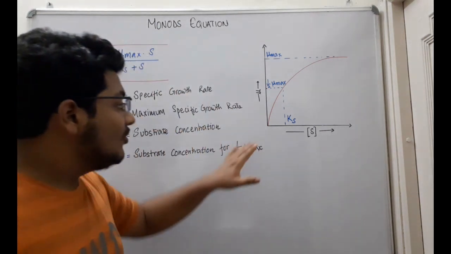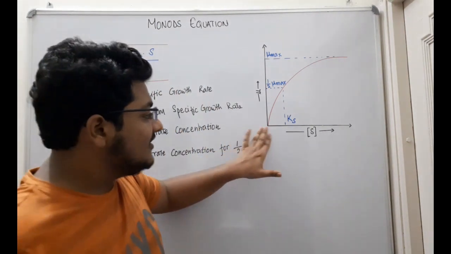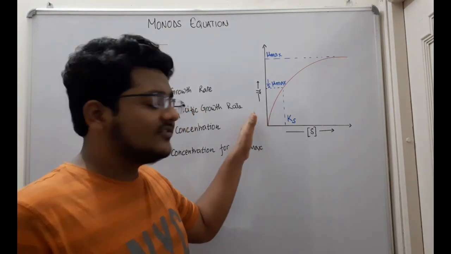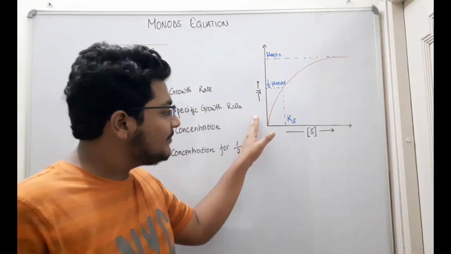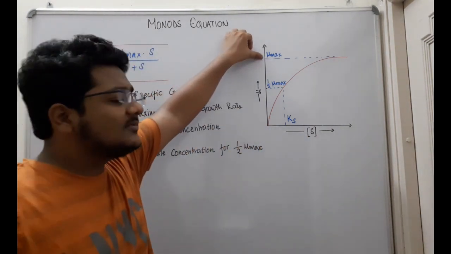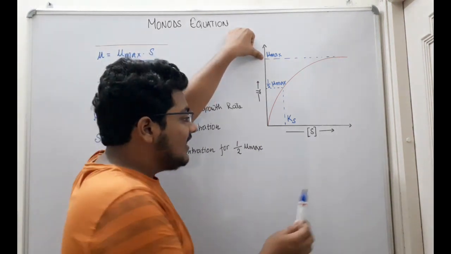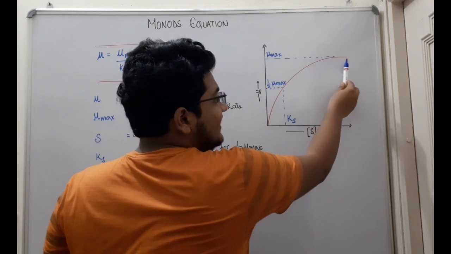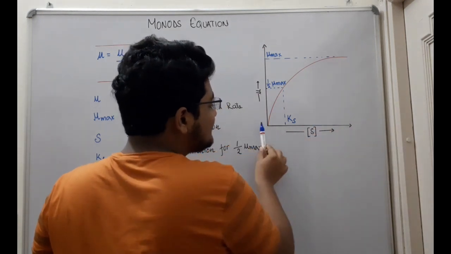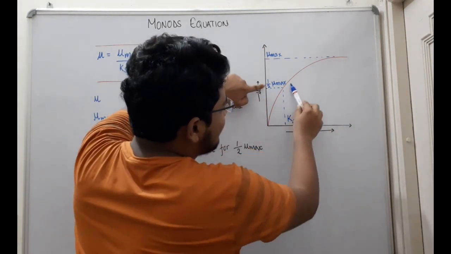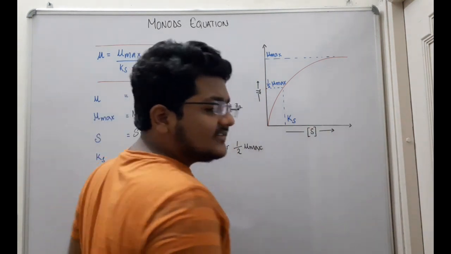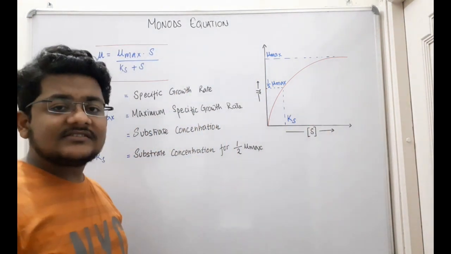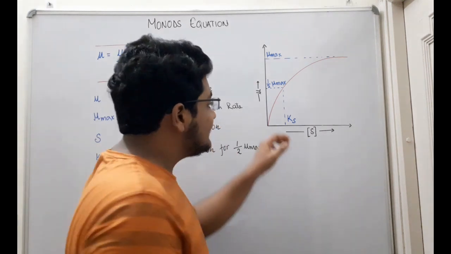Here we have a graph. On the x-axis we have substrate concentration, and on the y-axis we have specific growth rate. This is the maximum specific growth rate. You can see that as the substrate concentration increases, the specific growth rate also increases.